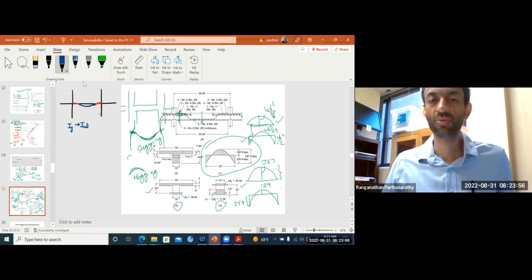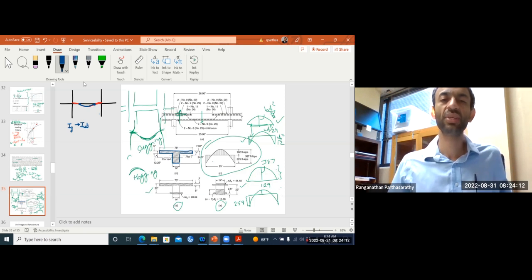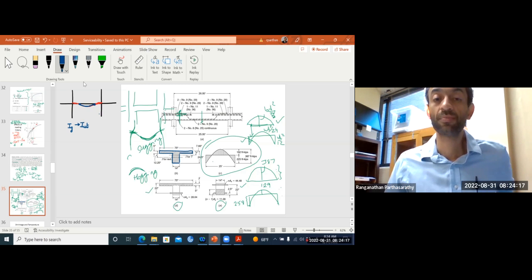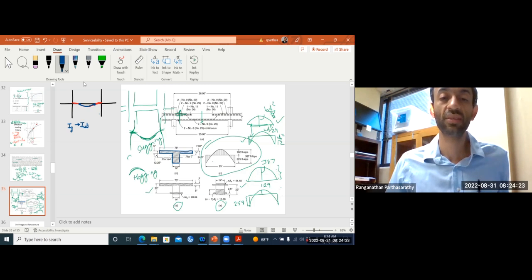So for the positive moment region, you will use your section as that. That's your section for the positive moment region, for uncracked properties.